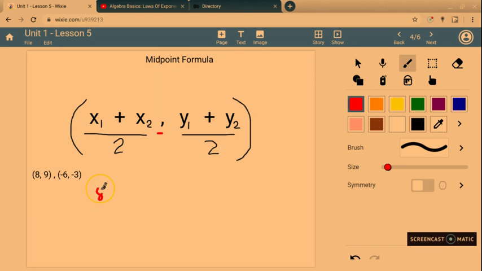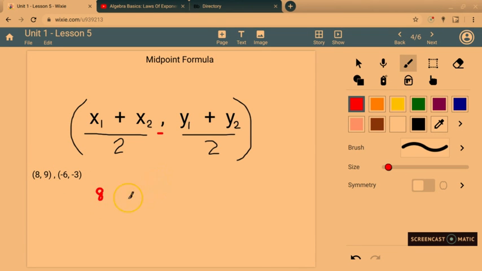X1 is 8, because we're using these right here. And then we have, let's see, x2. Okay, here's where you have to know your signs. So it's -6. If we have a plus or minus, that makes it a minus. So 8 minus 6, over 2, comma, and then y1 is 9.